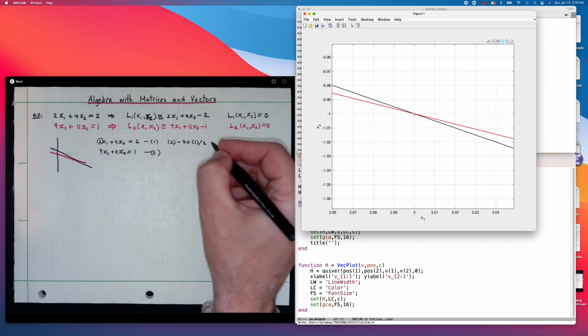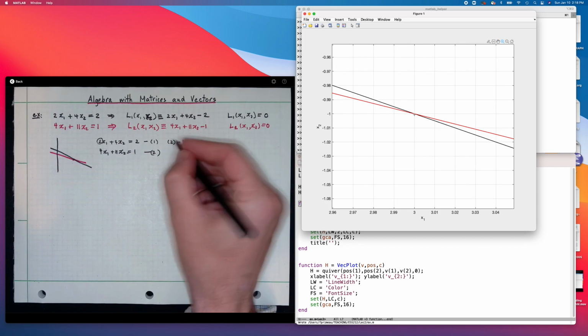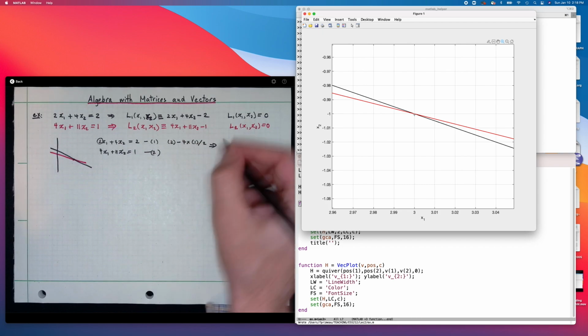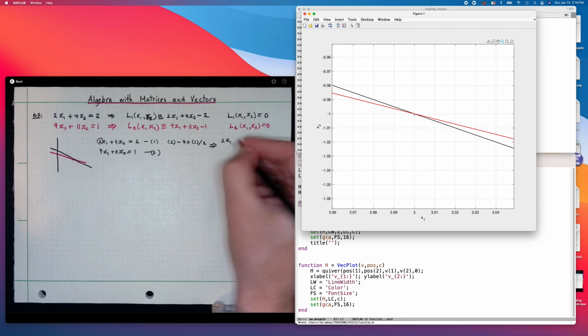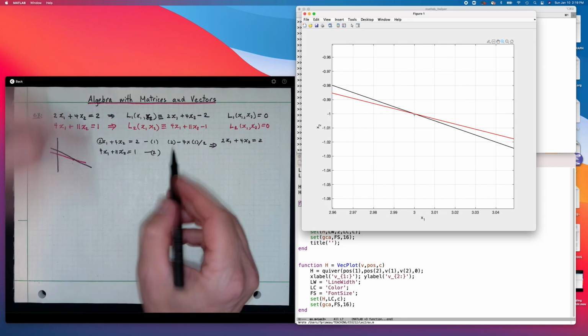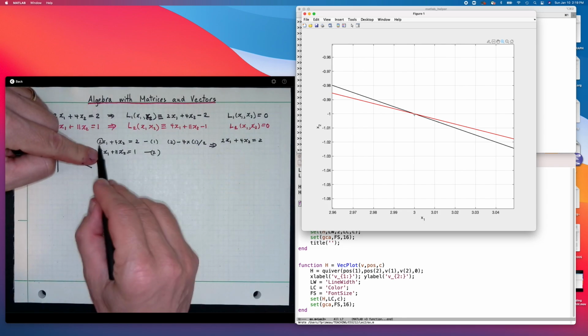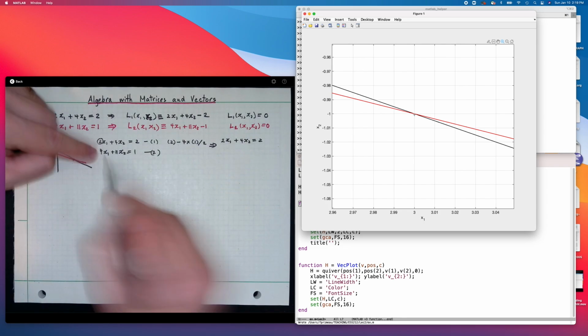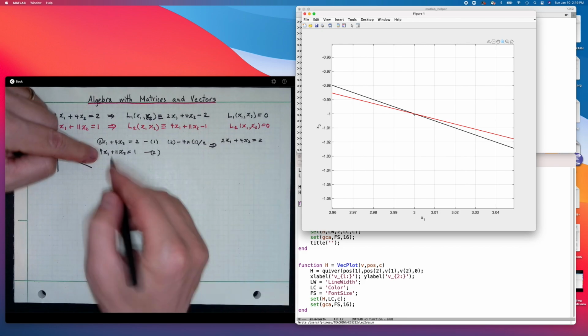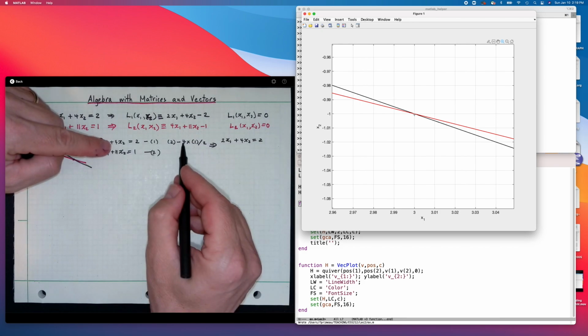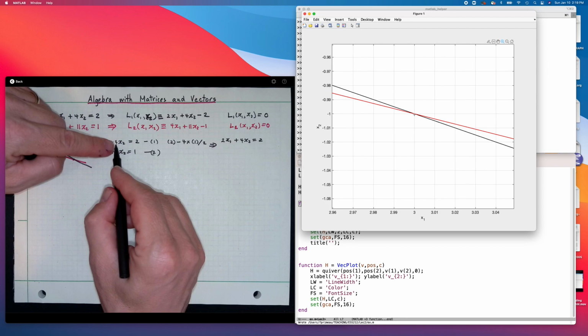So what I end up with after I do this: the first equation is unchanged, 2x1 plus 4x2 equals 2, but in the second equation, 4x1 minus 4x1 is 0, so I have no more x1s, and 4 divided by 2 is 2, so I have 8x2.